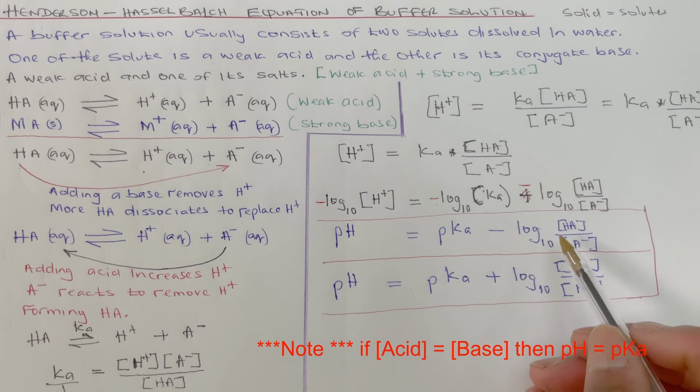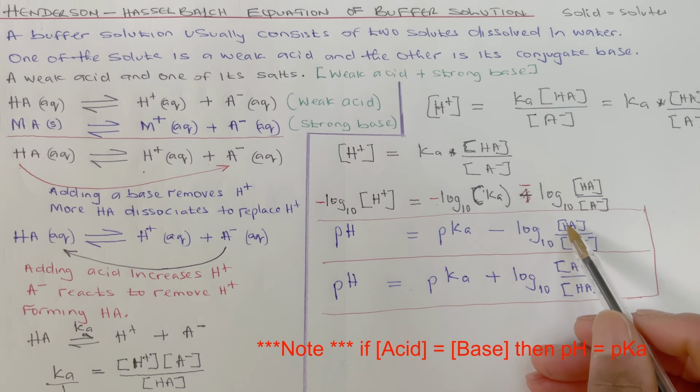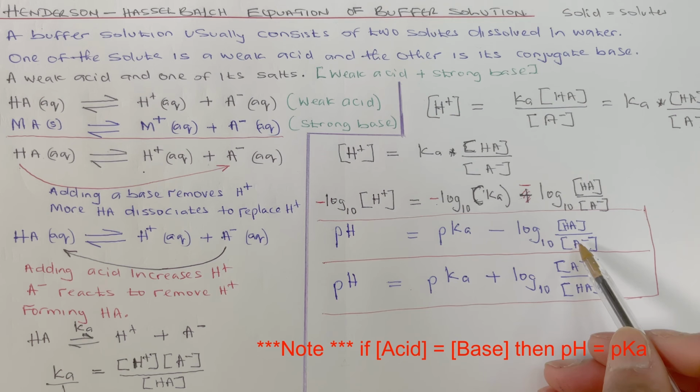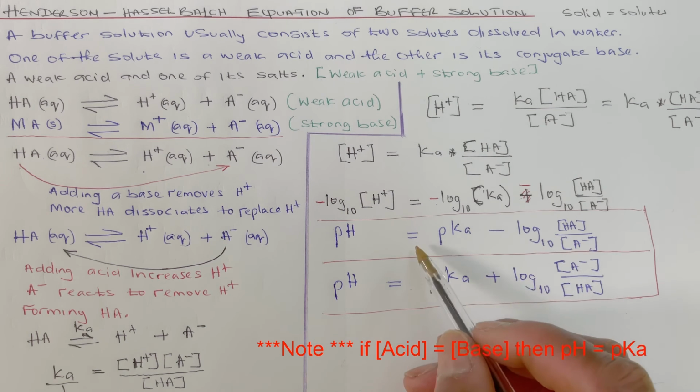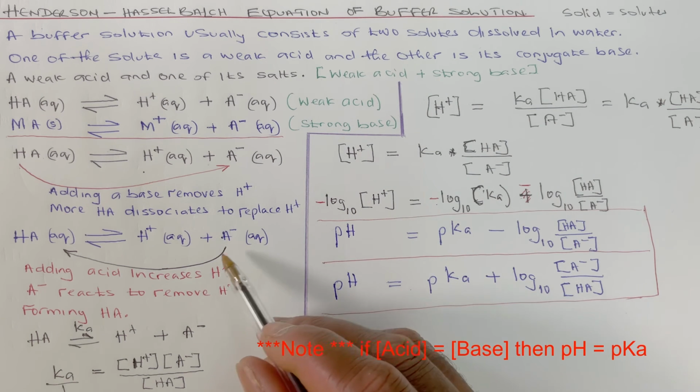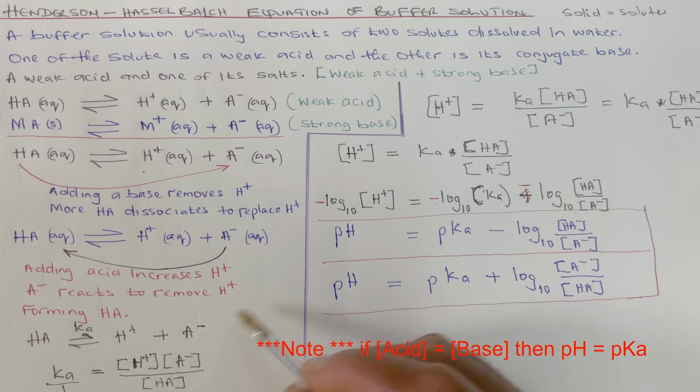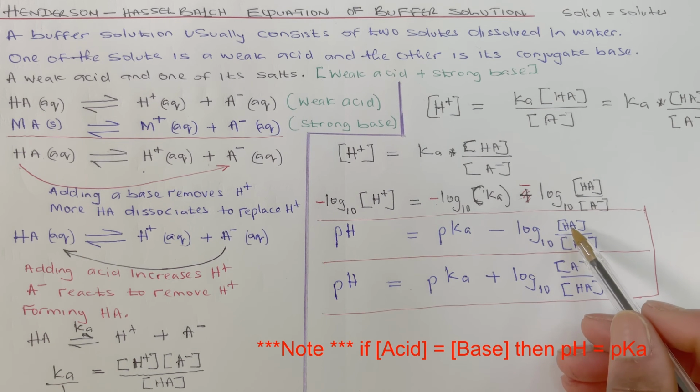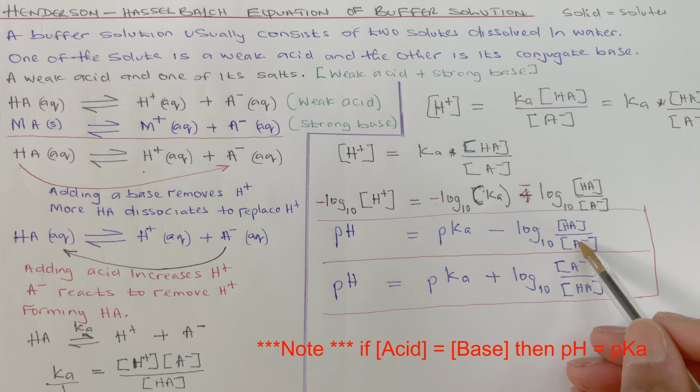All you need to know is the ratio of the concentration of acid to the base. As you can see, if you change the acid and the base slightly, it only affects both the concentration of acid and the concentration of base.